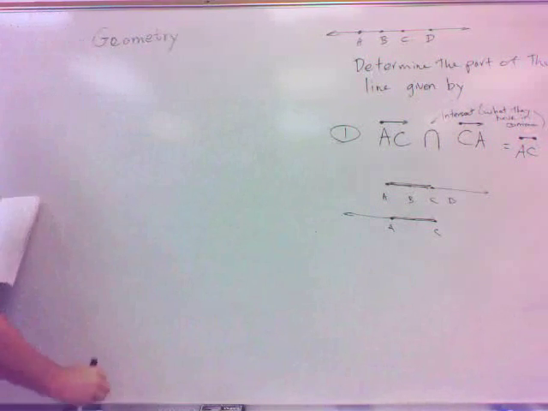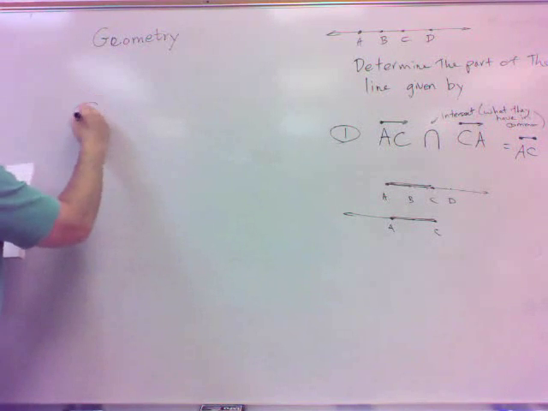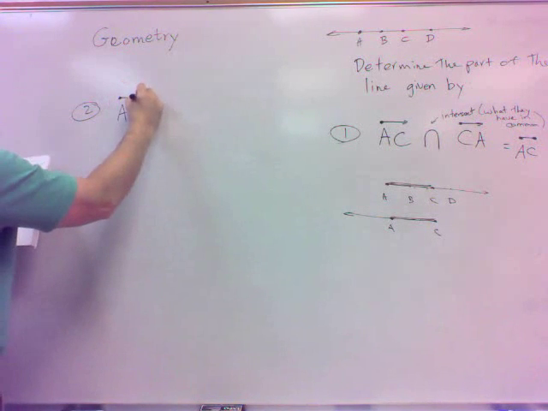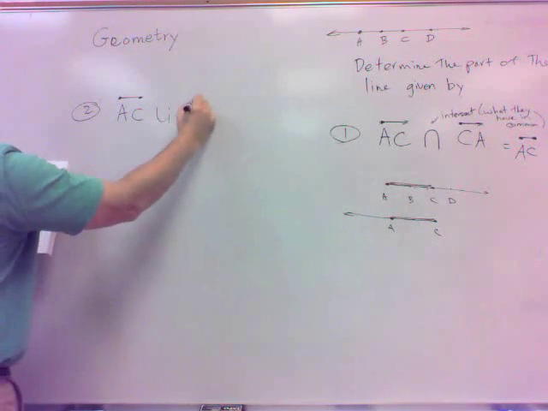How about number 2? Segment AC union half line BD.